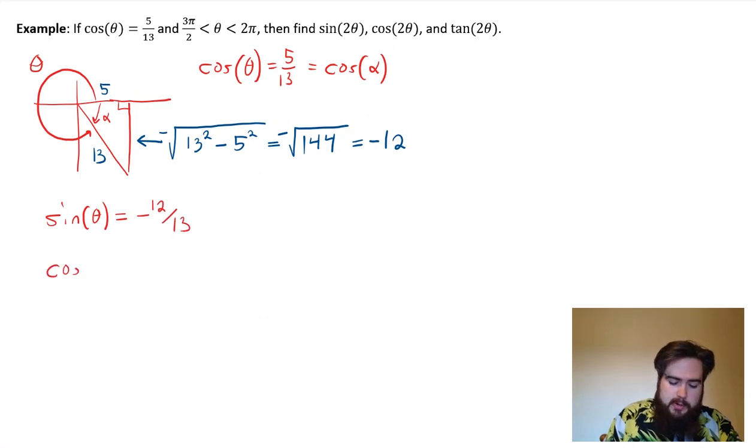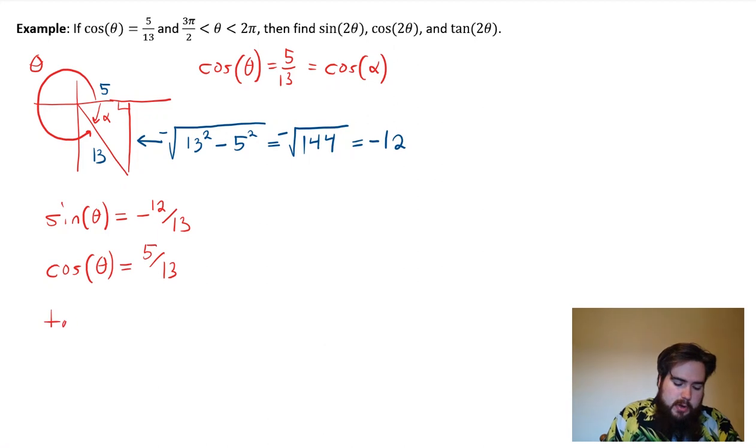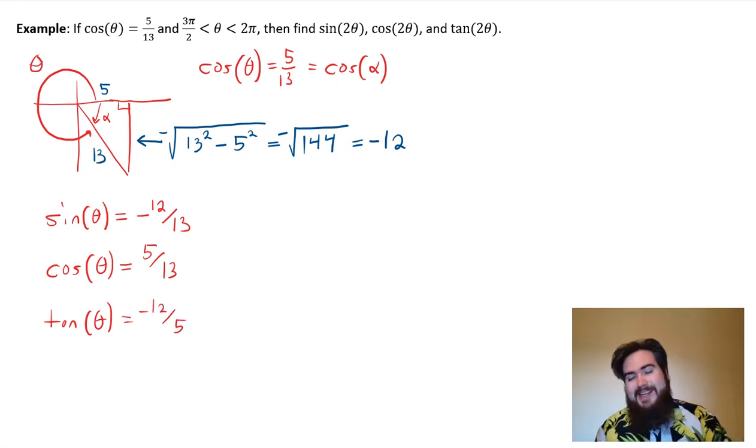And we are already told of cosine of theta being 5 over 13. Those should be the only two pieces I really need here. I may want to know tangent of theta, which is the opposite over the adjacent. So that would be negative 12 over 5. However, it's not technically necessary in this problem. You'll see why in a moment.